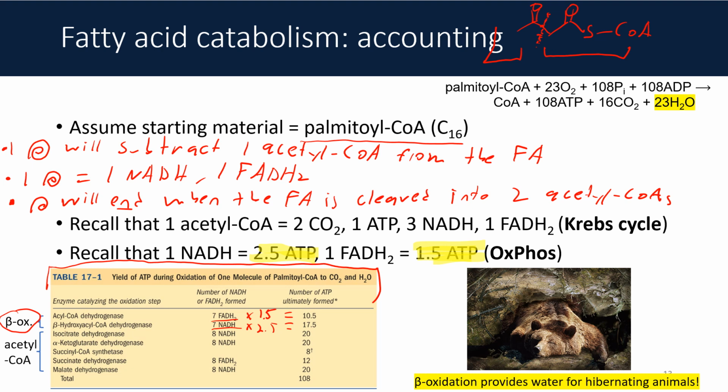And recall that for every acetyl-CoA pumped into it, we're going to net 3 NADH molecules and 1 FADH2. And we get those specifically from isocitrate dehydrogenase, alpha-ketoglutarate dehydrogenase, malate dehydrogenase.